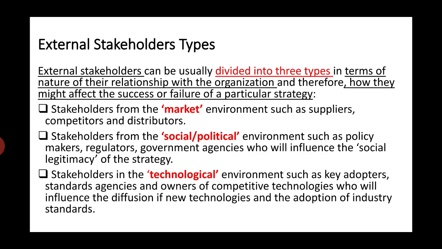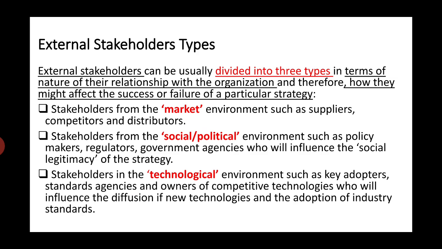Stakeholders from the social or political environment, such as policymakers, regulators, government agencies, political sides. When we say political things, it is anything to do with the laws, rules, regulations.